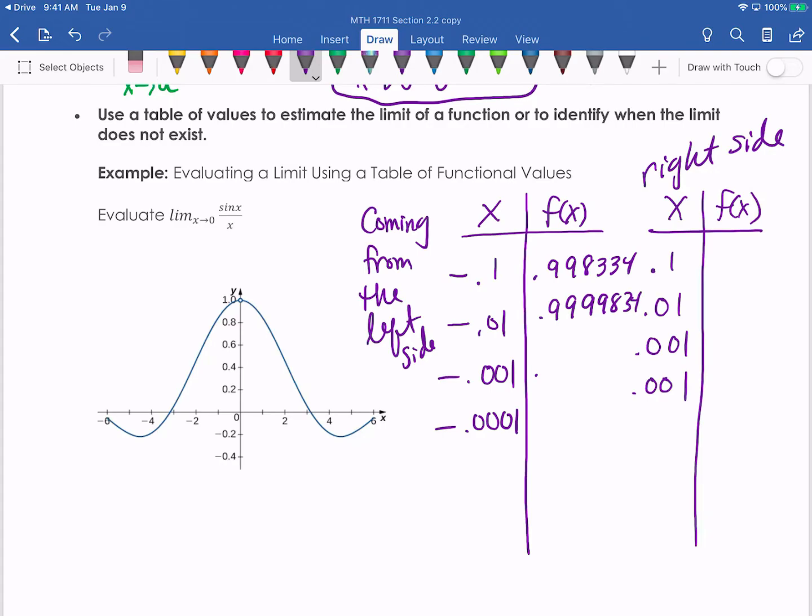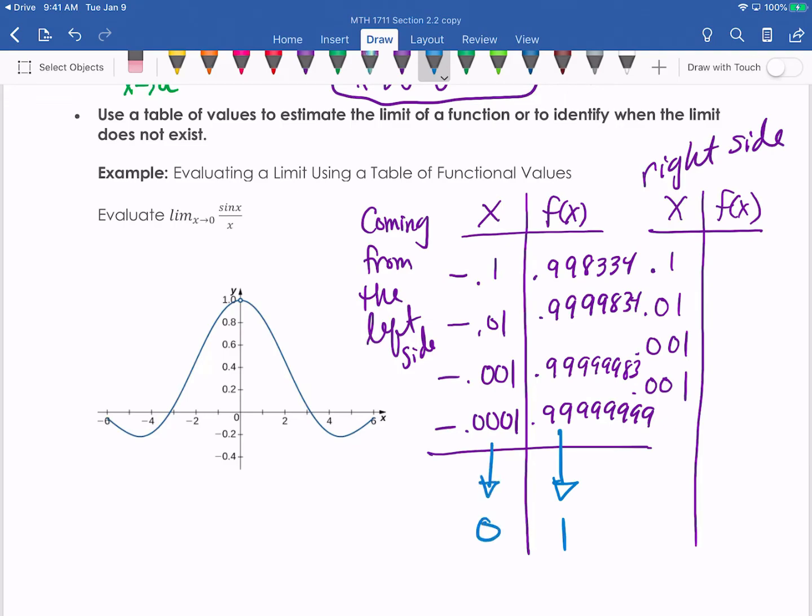Then 0.99999983. Then 0.999999. A lot of nines. So on this side, coming from the left side, it looks like it's getting closer and closer to 1 as x gets closer and closer to 0.